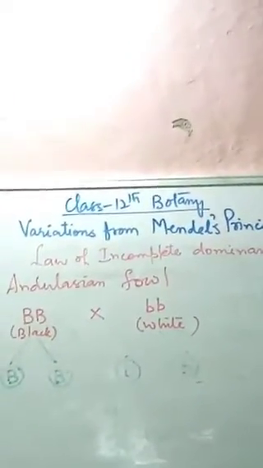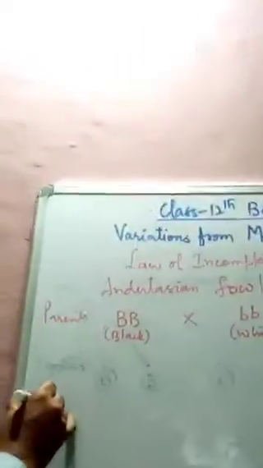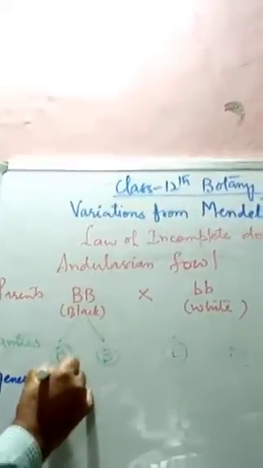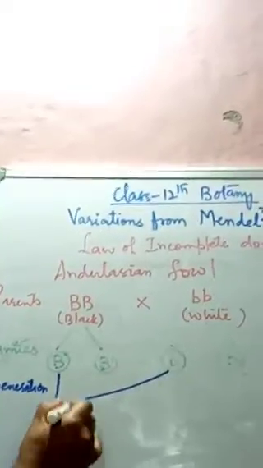Now F1. Let's take the F1 generation: capital B, small b.